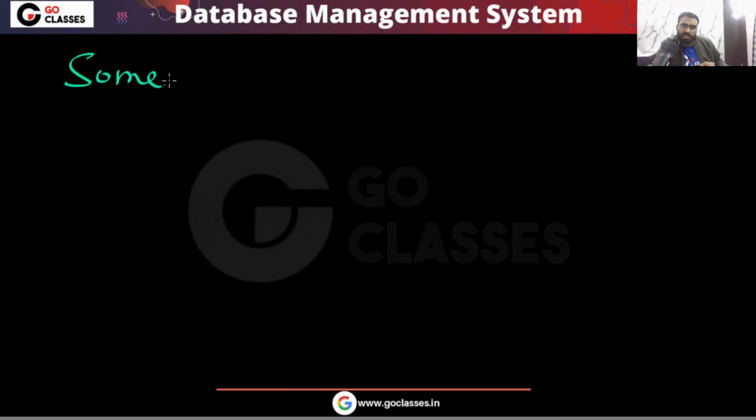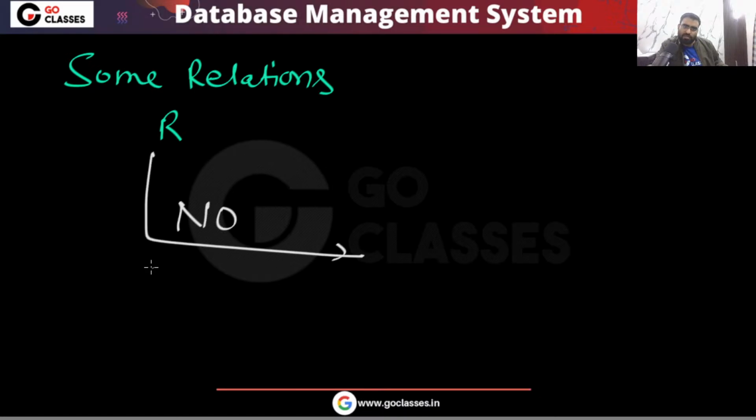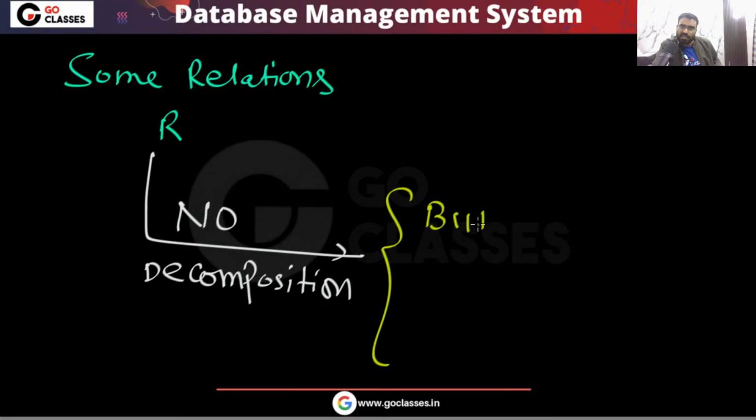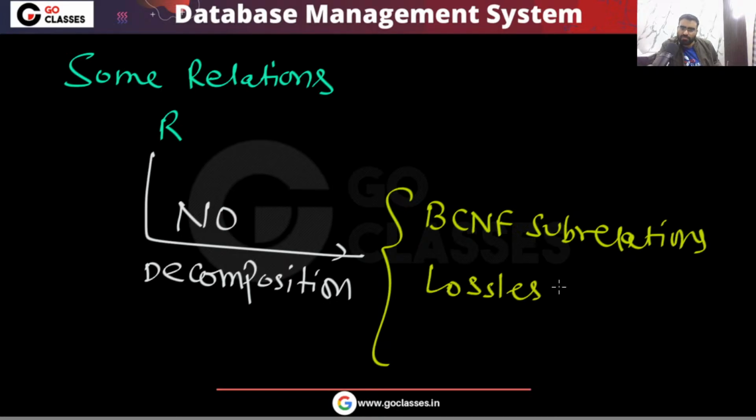So there are some relations R, not all, such that there is no decomposition where you can get BCNF, lossless, and dependency preservation simultaneously.